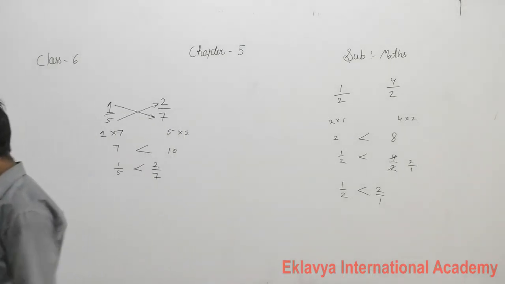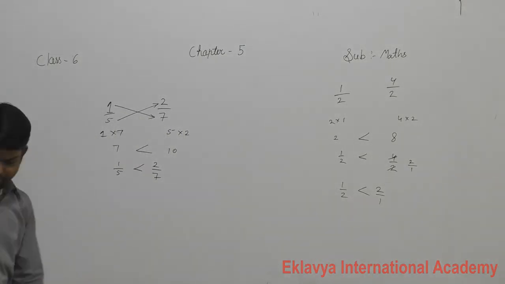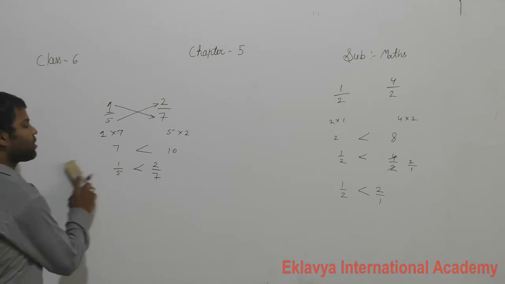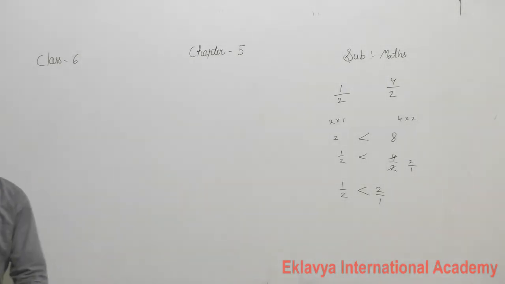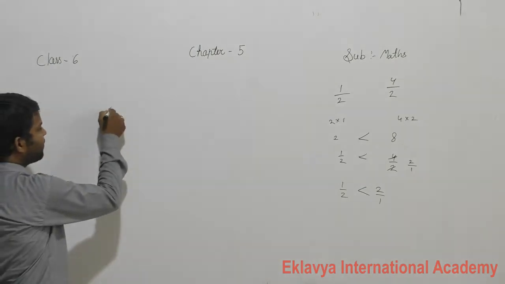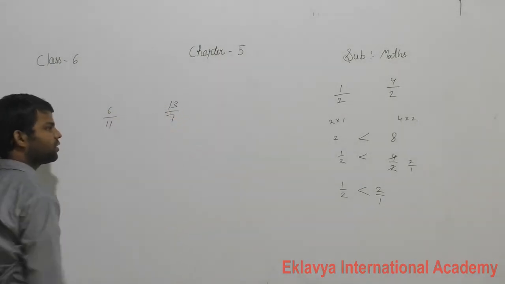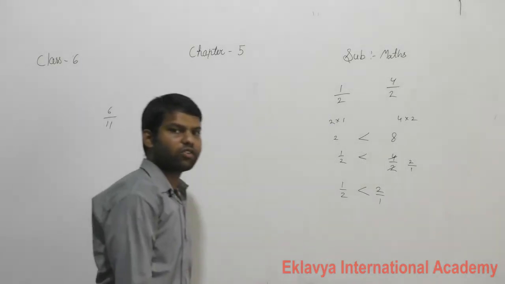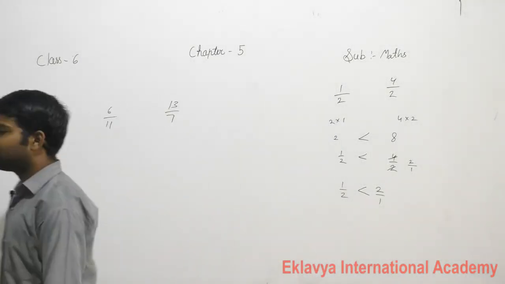Understand? We will take some more examples. If we take 6 upon 11 and 13 upon 7, and we want to compare both fractions, here also we will do cross multiplication.